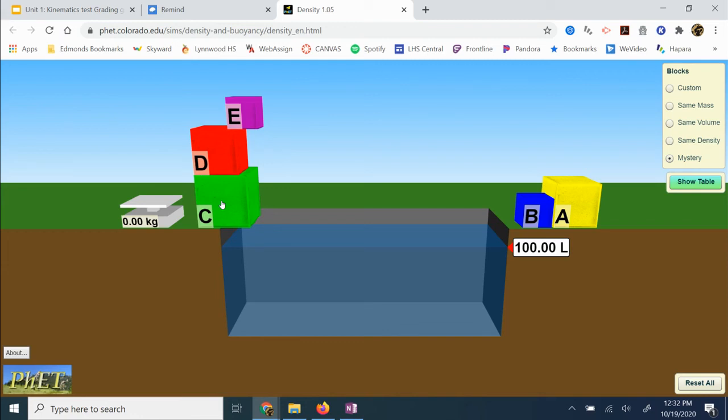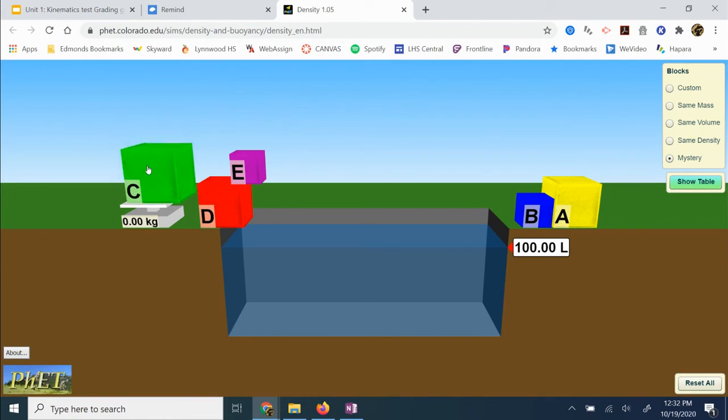Now again, to get the density of those two things, you're going to divide them. So I'll take C. Mass of C is 4.08 kilograms, and the volume of C is 5.83. Again, you guys subtract 100 because you just want to see how much it increased.